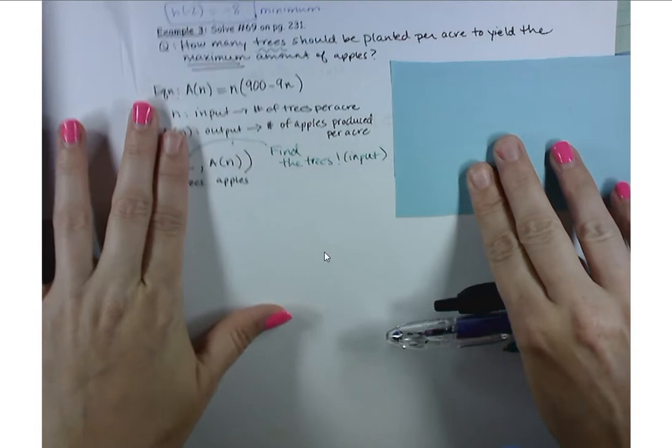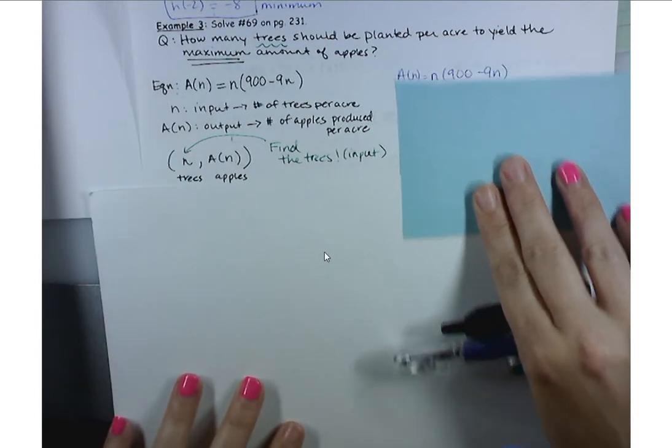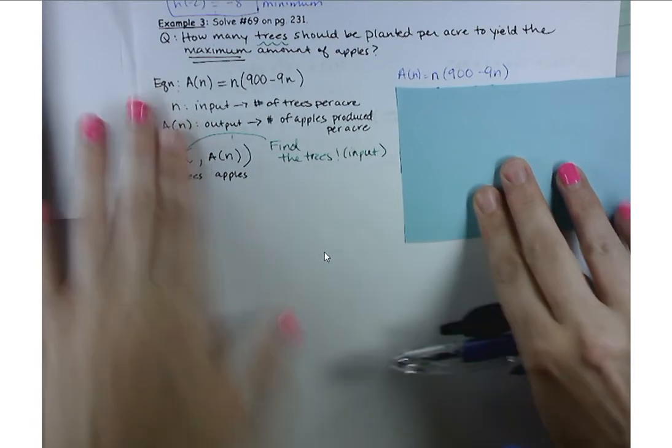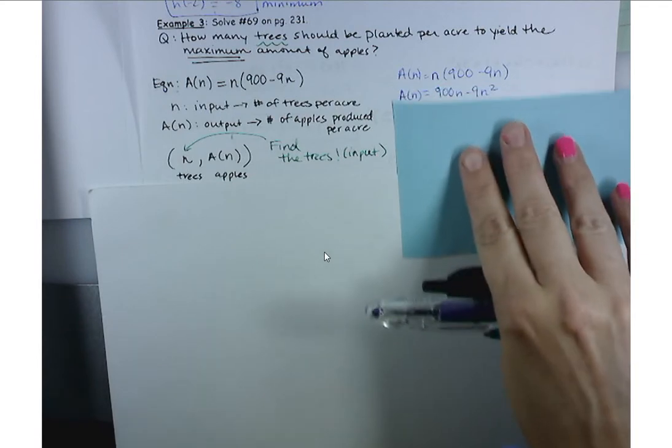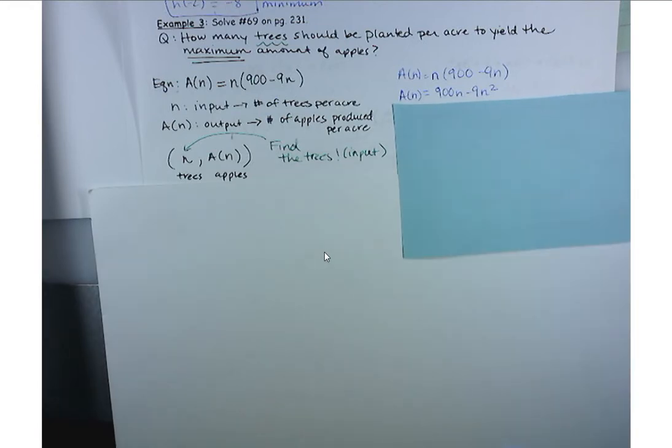Okay, so we can do that by hand. Your equation is A of N equals N times 900 minus 9N, so we can distribute the N. And then how can I find the input? What equation would I use?